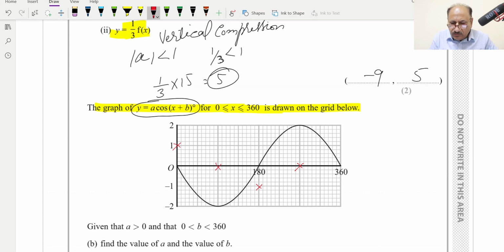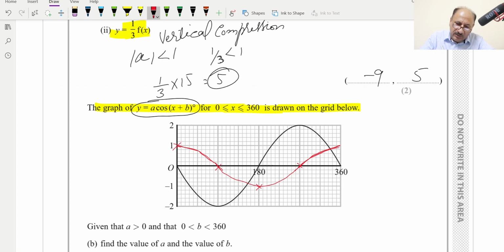If we draw this curve, it will be roughly like this.